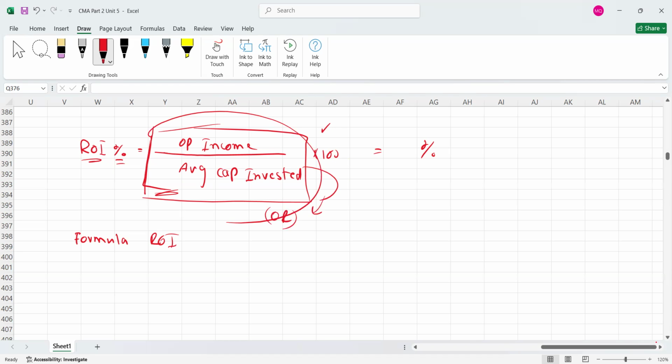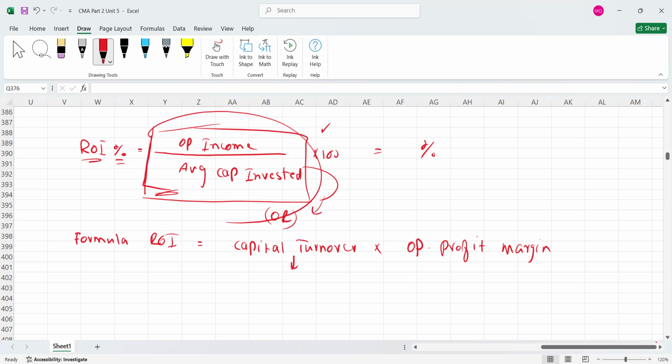So how is the return on investment formula derived? We need capital turnover multiplied by operating profit margin percentage. Now the point is how to calculate the capital turnover. What's the formula for capital turnover?